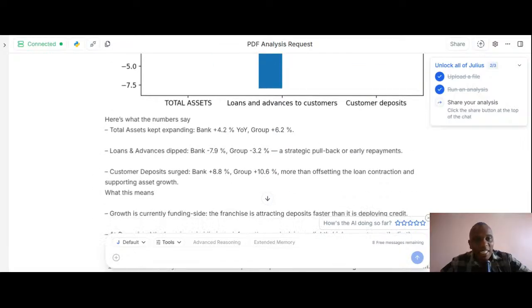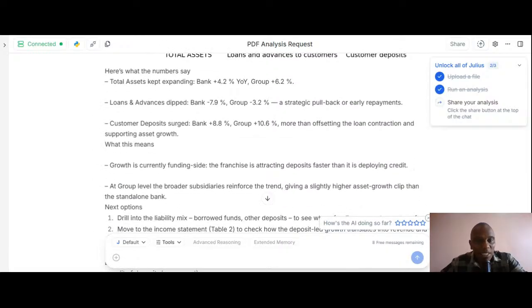And what it does is that it explains that the total assets kept expanding, bank plus 4.2%, group 6.2%. The loans and advances dipped. You can see the loans actually decreased by 7.9%, group 3.2%. The customer deposits rose by 8.8%, group 10.6%.